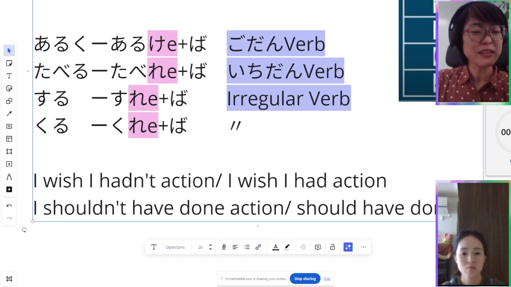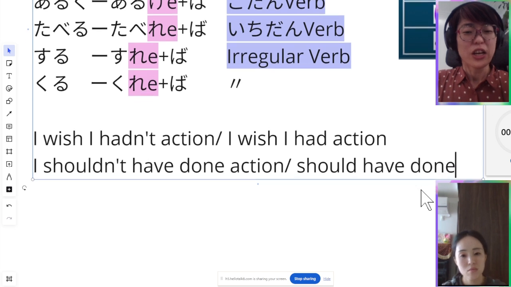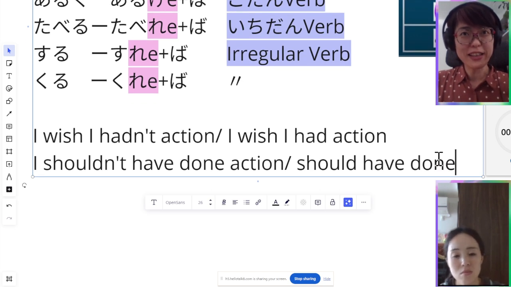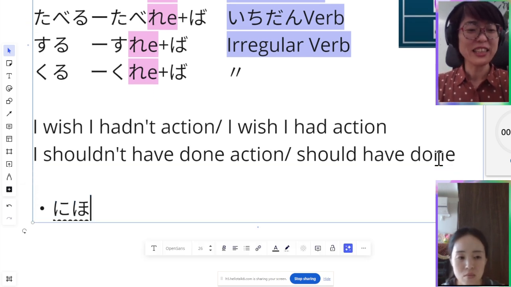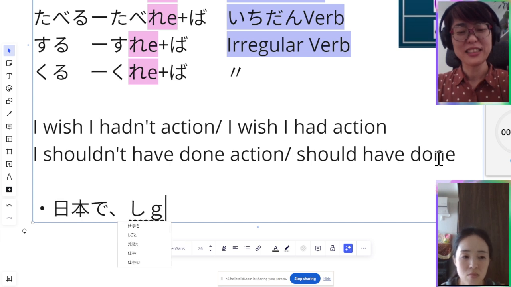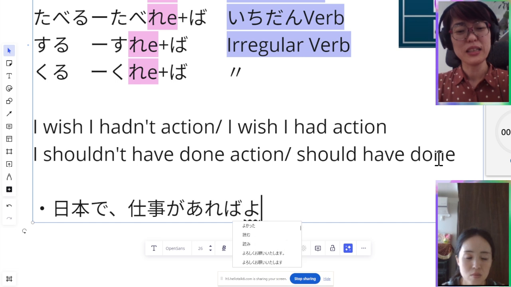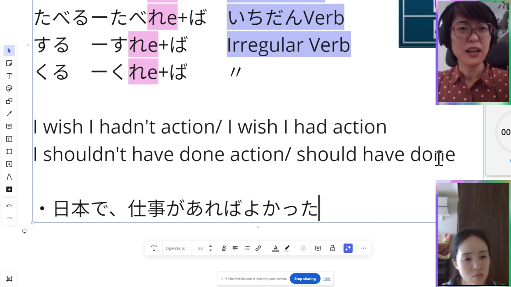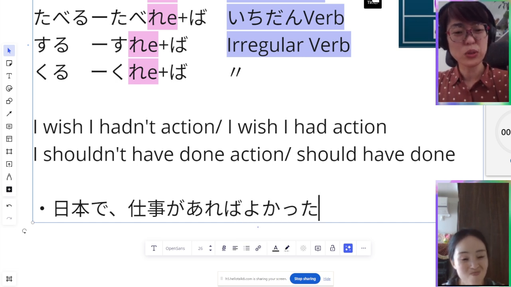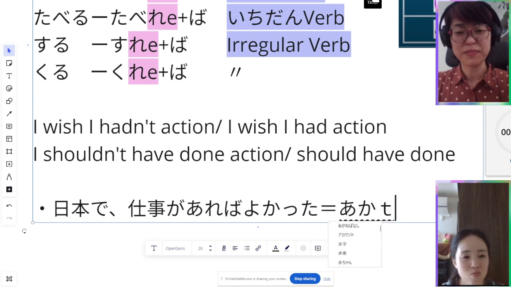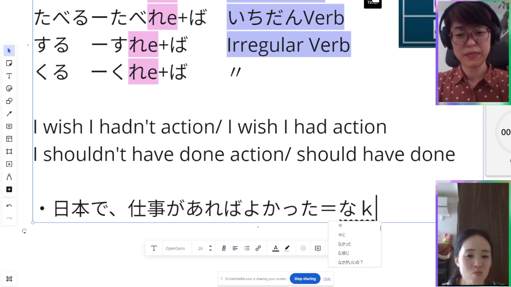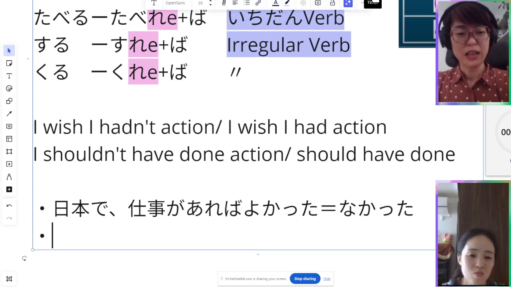This describes that you had a chance to decide and you either did or you didn't. 日本で仕事があればよかった. Maybe I wish I had a job. 仕事があればよかった means in reality there wasn't one.